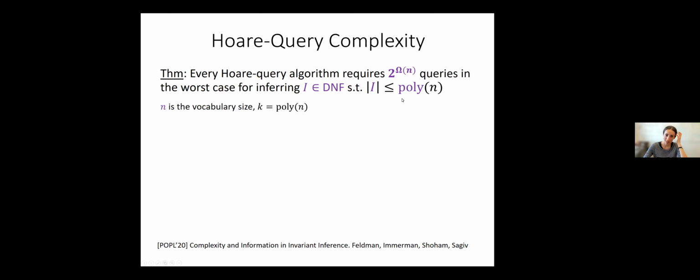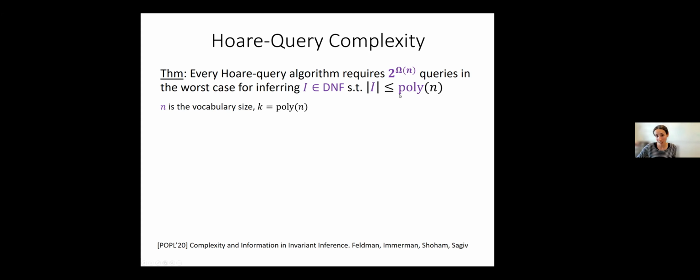I just want to say that we were mostly focused on inferring short invariants, because if we are looking at a system that has only a very long invariant, there is not much hope to infer it quickly, or at least to write the invariant would take a lot of time. So we are thinking about the case where there is a short invariant, and we ask ourselves how expensive it is to infer this short invariant.